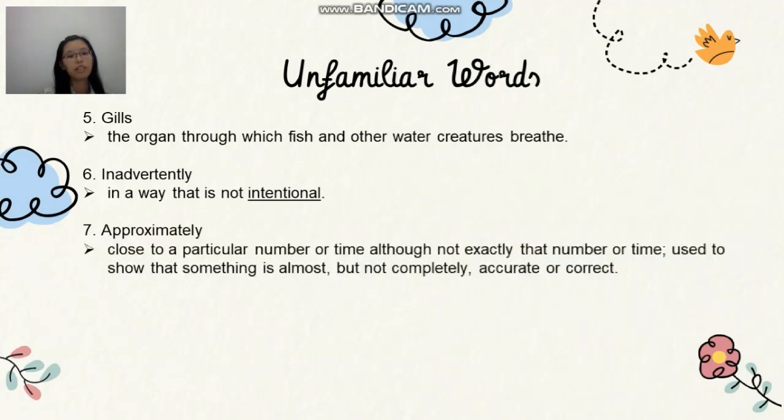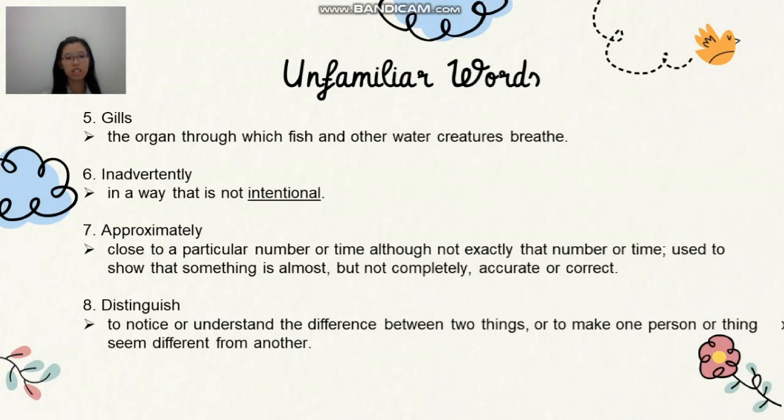The seventh will tell us about approximately, close to a particular number or time, although not exactly that number or time, or used to show that something is almost but not completely accurate or correct. And the last one is distinguish. Distinguish, to notice or understand the difference between two things, or to make one person or thing seem different from another.